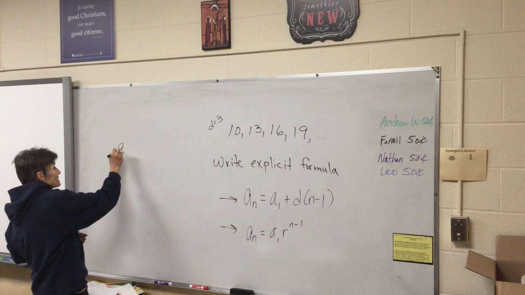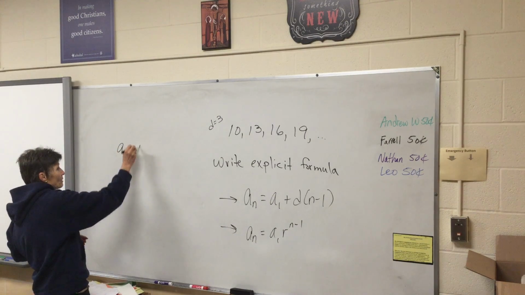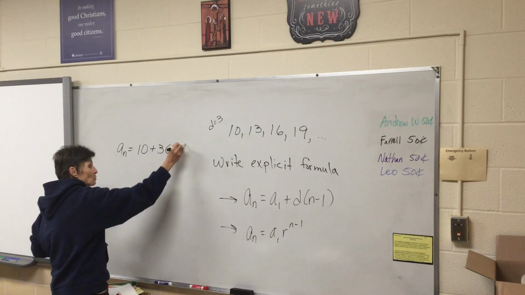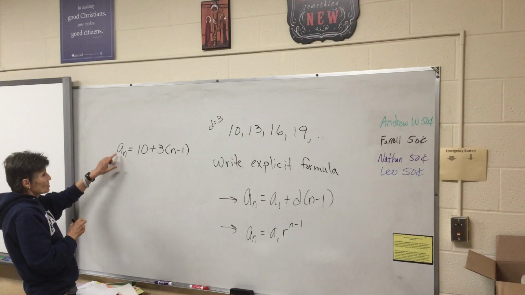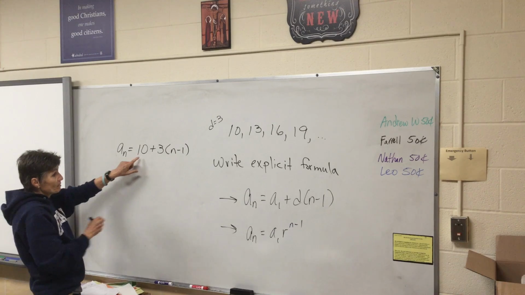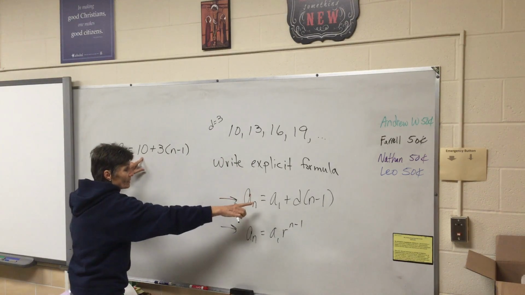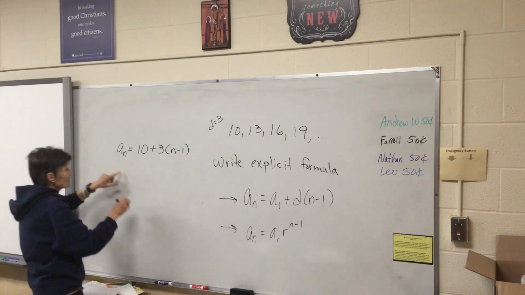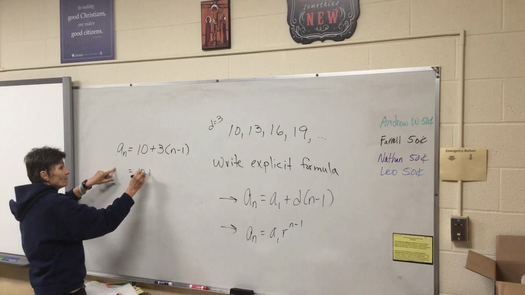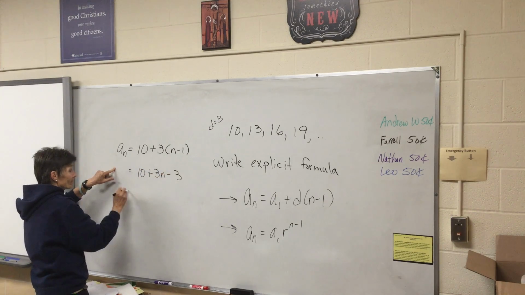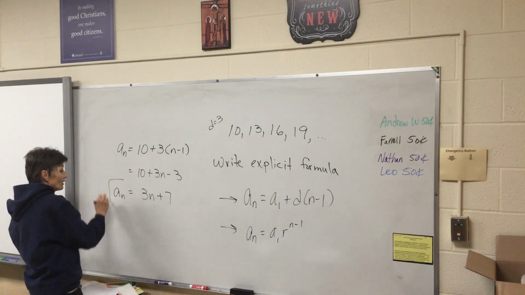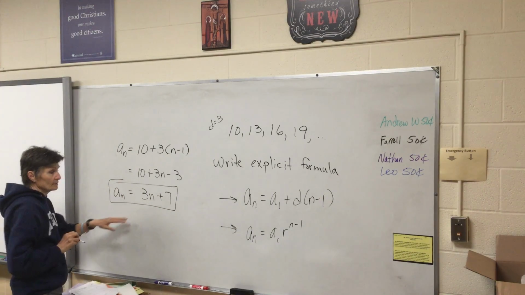So you'll say A sub n equals 10 plus 3 times n minus 1. So A sub n equals the first term plus the common difference that you already figured out times n minus 1. So then we just do our distributive property. And here is your explicit formula.